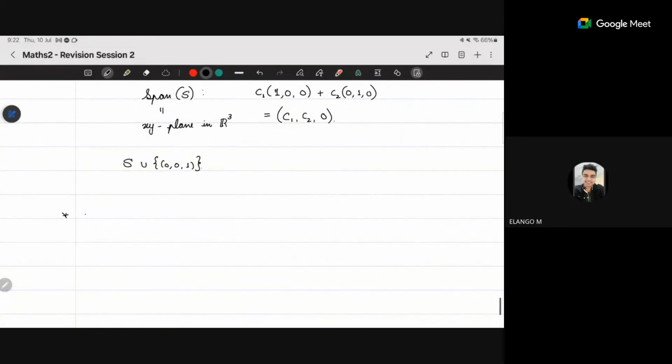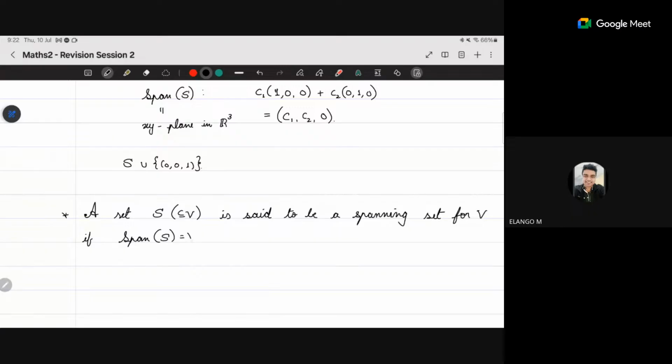So that's the span of a set. And a set S is said to be a spanning set for V if span of S is equal to V. Now, if I have a subset of vectors in a vector space such that every vector in the vector space can be obtained as a linear combination of these vectors and not more, then such a set will be called a spanning set.